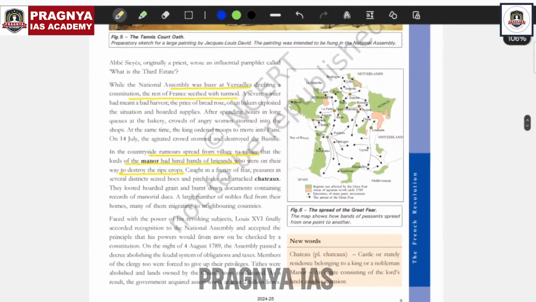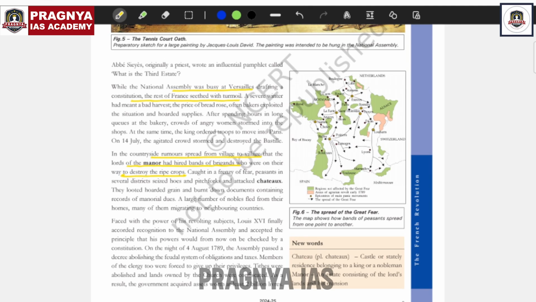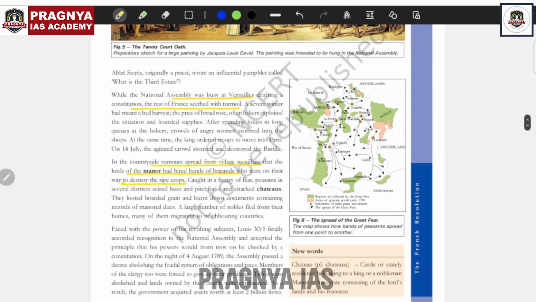Faced with the power of his revolting subjects, Louis XVI finally accorded recognition to the National Assembly and accepted the principle that his power would from now on be checked by a constitution.